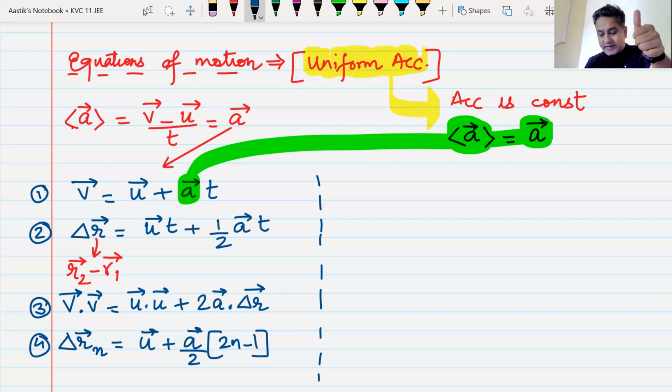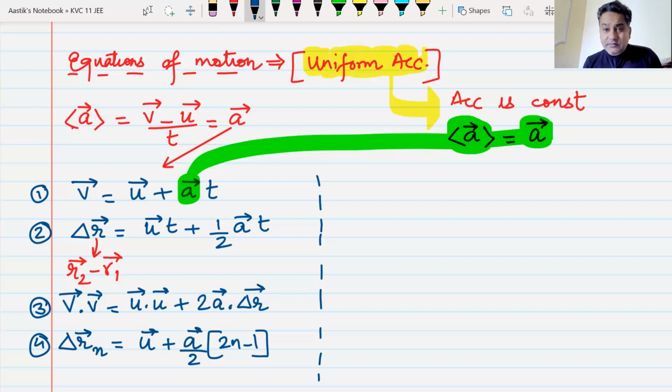We understand this, everyone? Coming on the right hand side, I will write the same equation but not using vectors. But again, if I write the same equation not using vectors, I cannot write a general equation. I can only write equation along one axis. So if it is motion in one dimension, one equation, one axis will do.